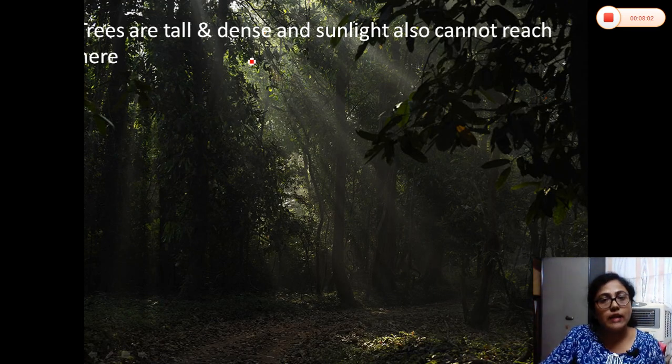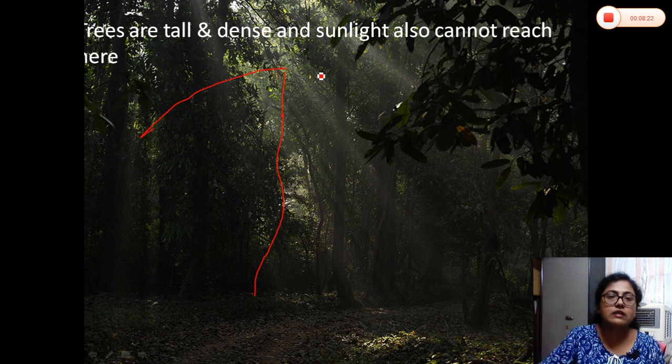Trees are tall and dense, and sunlight also cannot reach here. What is happening here, as these areas are getting maximum sunlight, to get the maximum sunlight, a competition is going on in between the trees. What they are doing, they are the tall trees, and for getting maximum sunlight they are spreading their leaves like the umbrella.